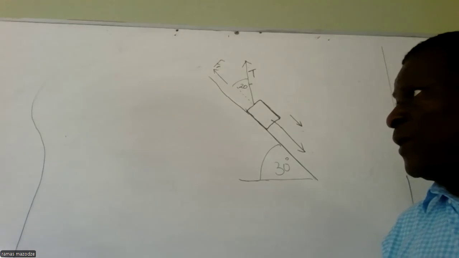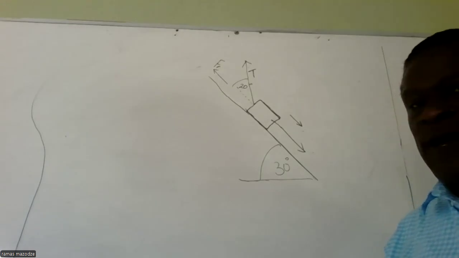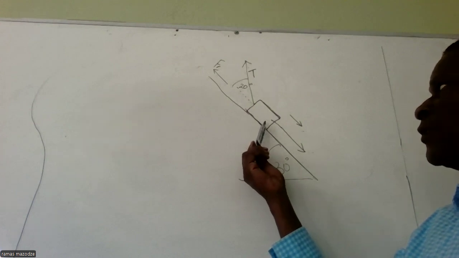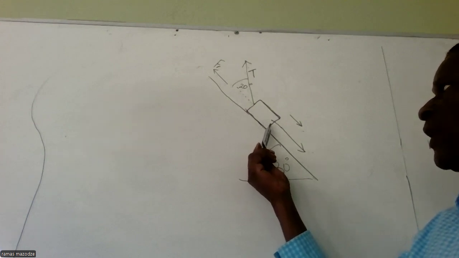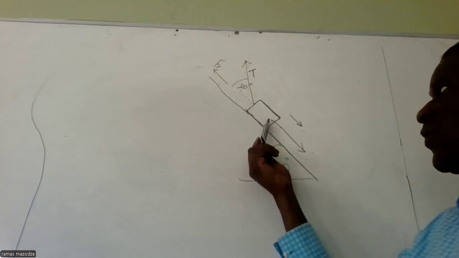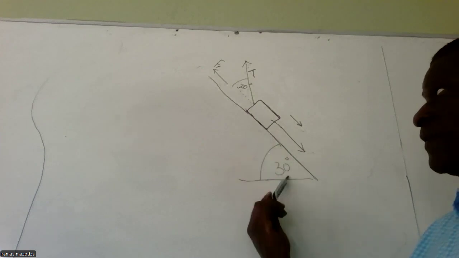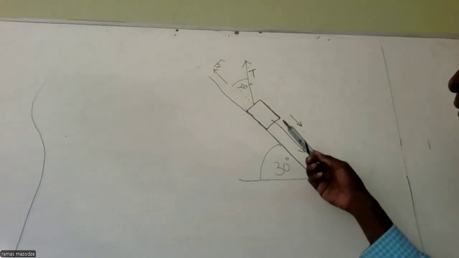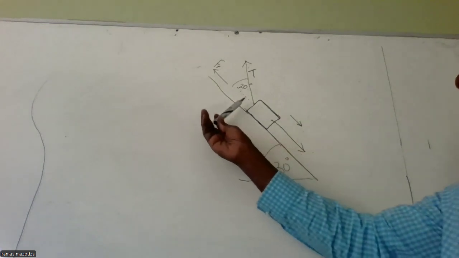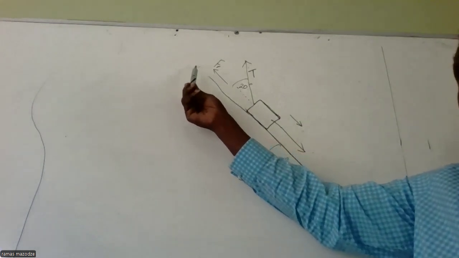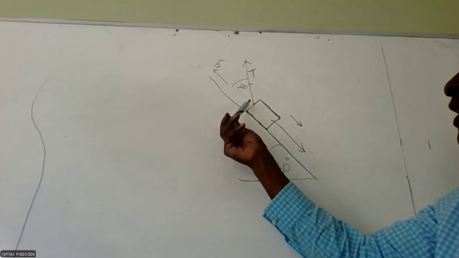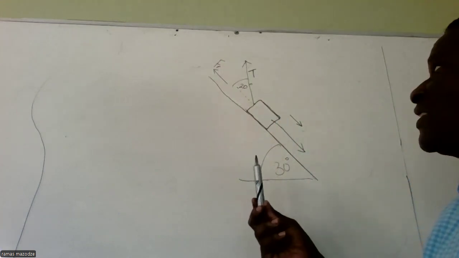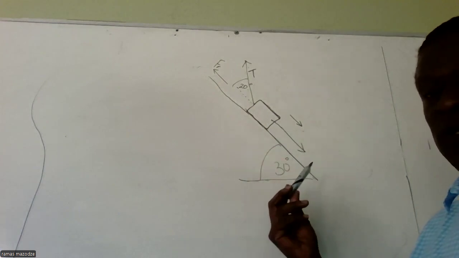Now, this is my problem that I think must be well explained. We want to identify a one-term expression for the work done by gravity, and an expression for the work done by friction. We want to discuss the work done by the tension, because the object is moving downwards.